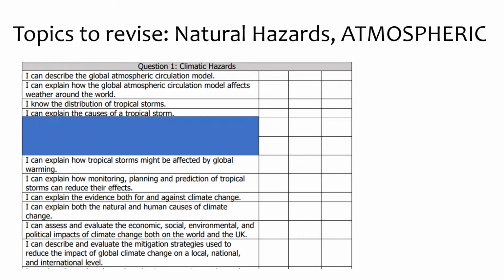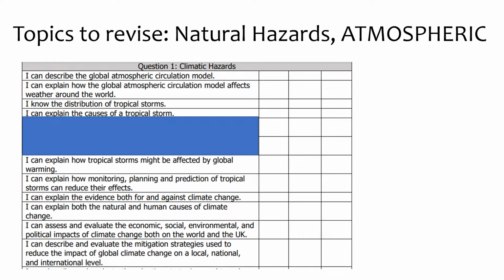Distribution of tropical storms just means where they're found. They only form over 26.5 degrees Celsius seas, which means they're found quite equatorial, near the equator, and they move in an east to westerly direction. They're formed by rapid evaporation at the ocean surface, which leads to these big, powerful, low-pressure systems.